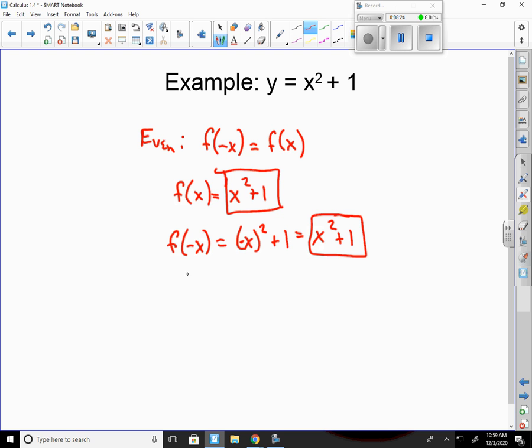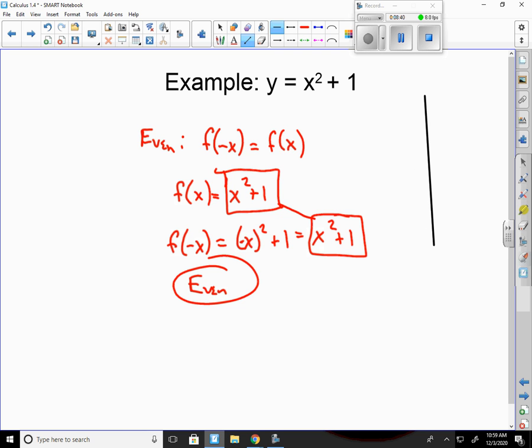So this would be an even function, because these two are the same. If I look at the graph of this, that's the worst y-axis that's ever been drawn.